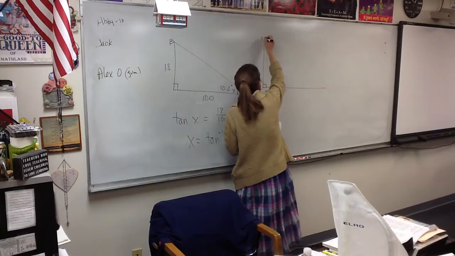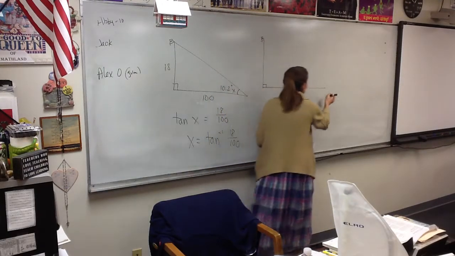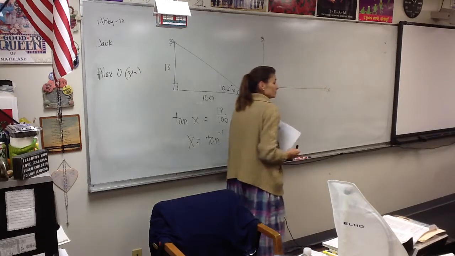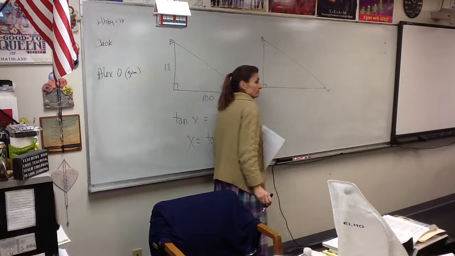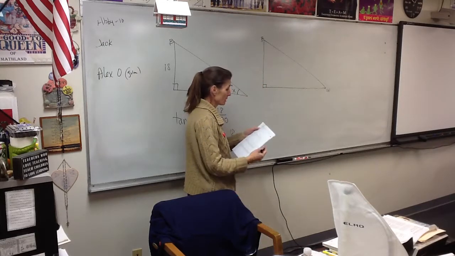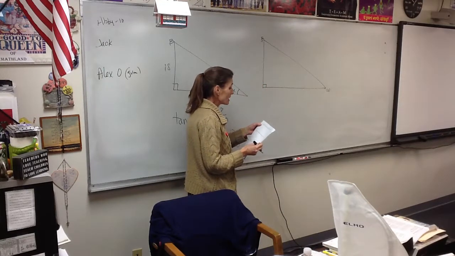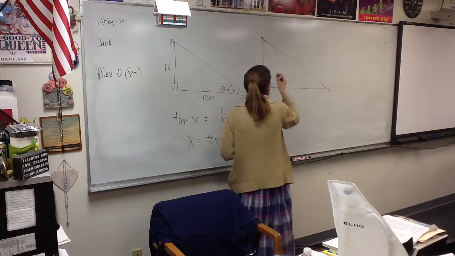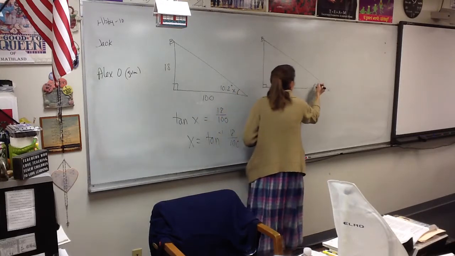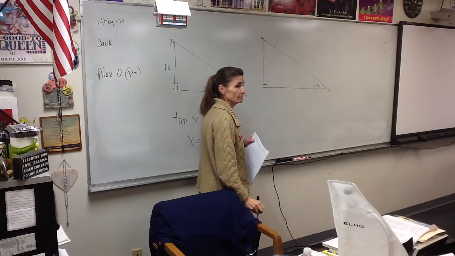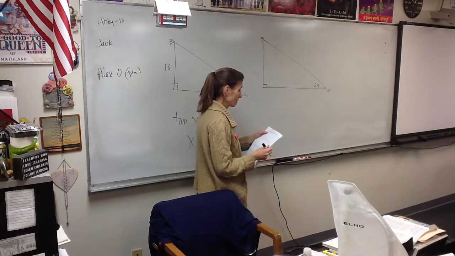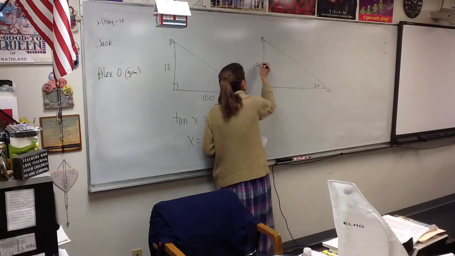The bird is in the top of the tree and the worm is on the ground. The bird is looking down at the worm. The angle of depression is 24 degrees. That means the angle of elevation is also 24 degrees. The tree is 19 feet tall.